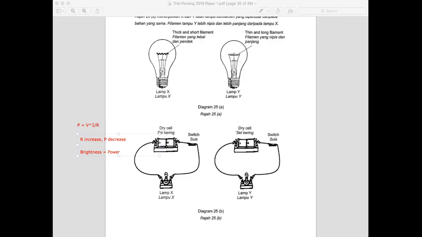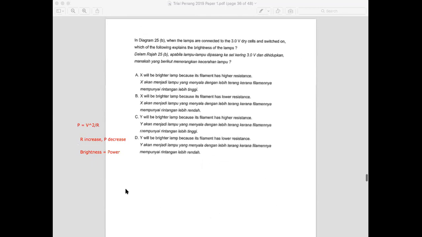Ramai tanya, bukan usually for filament we really like higher resistance? Betul. Ya, betul. That's why soalan ni actually pelik juga, sebabnya filament memanglah first dia nak heat dulu. Memang dia nak heat barulah dia produce light kan.